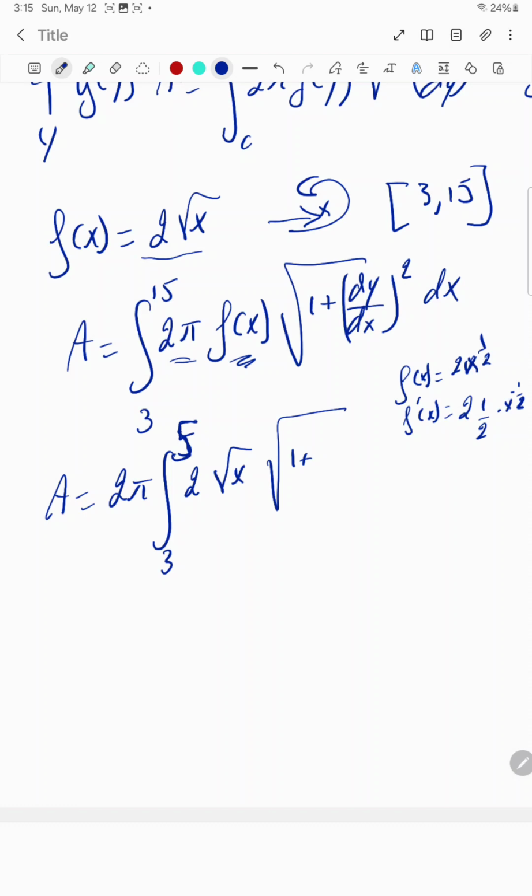For the derivative, I bring the 1/2 beside the 2, and I deduct 1 from the 1/2. So 2 times 1/2 is equal to 1, and f prime of x is equal to 1 divided by square root of x. So here dy over dx is 1 divided by square root of x, squared, dx.